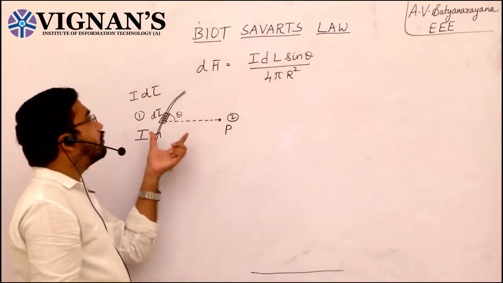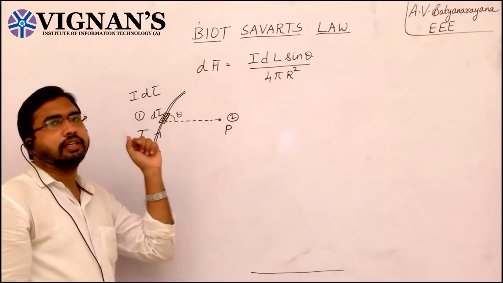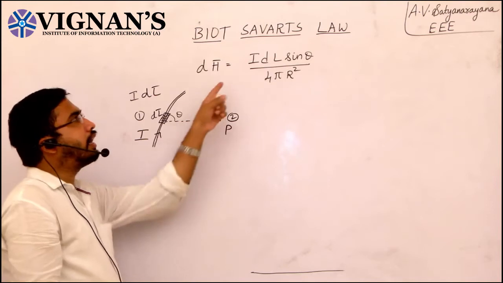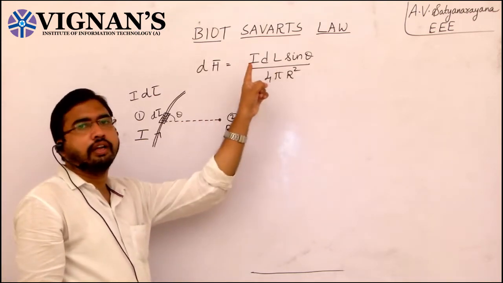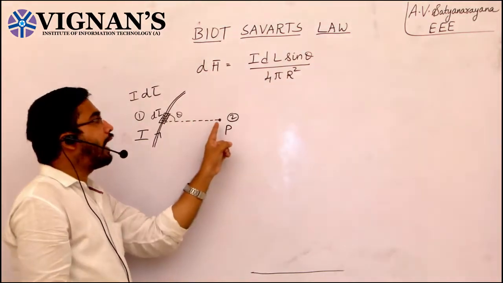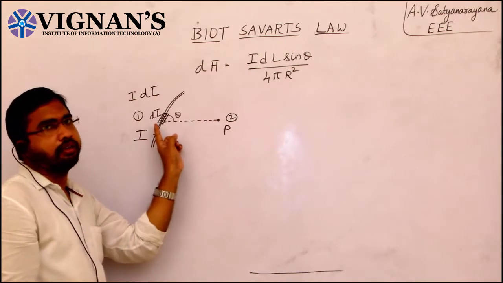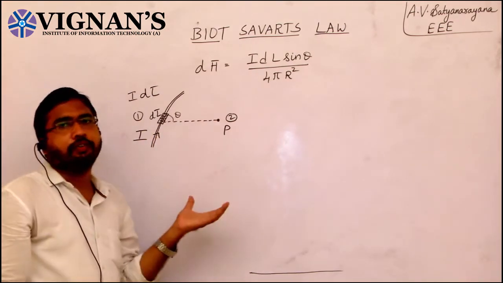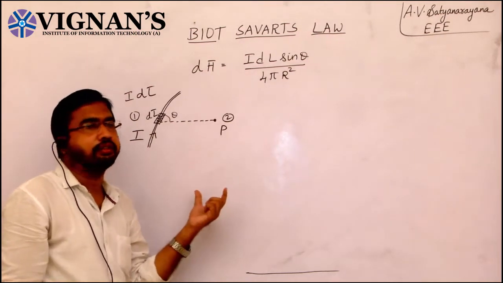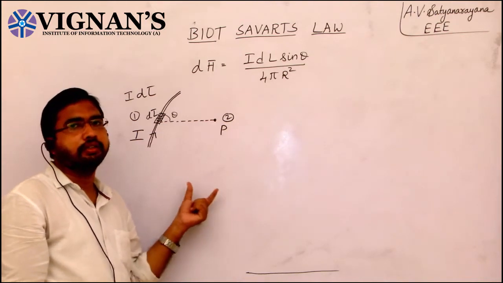Biot-Savart's law states that the differential magnetic field intensity due to a differential length in the conductor is directly proportional to the differential current element IDL and the sine of the angle between the line joining the point P and this differential element dl. Now in vector form we need to represent the unit vectors, distance vectors, everything. Then only we can know the direction in which the magnetic field intensity is acting.